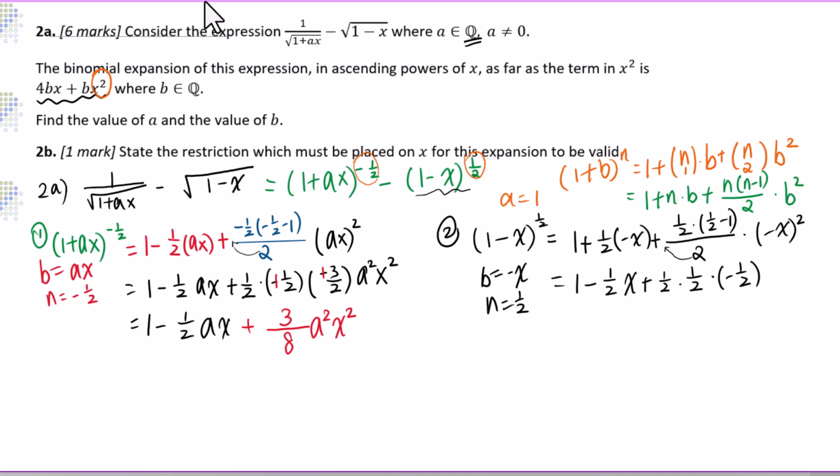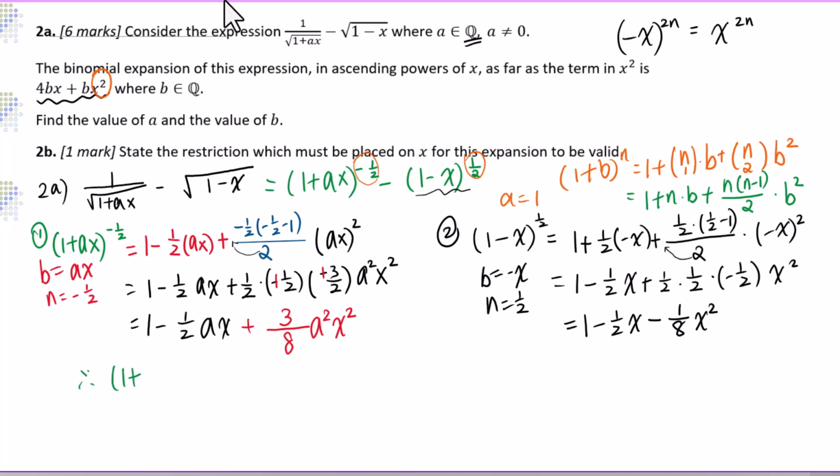Negative x squared is x squared. We do know negative x to the 2nth power equals x to the 2nth power. So 1 minus 1 half x minus 1 over 8 x squared.